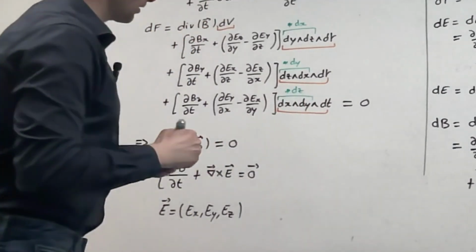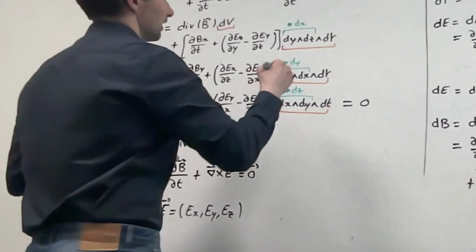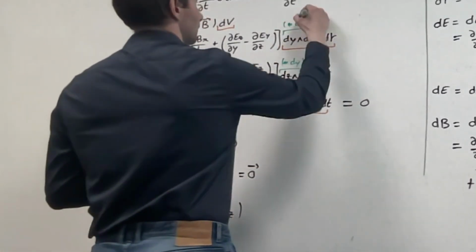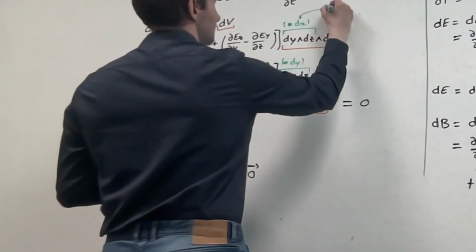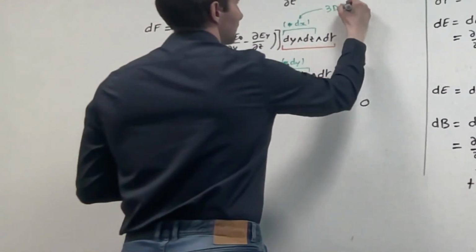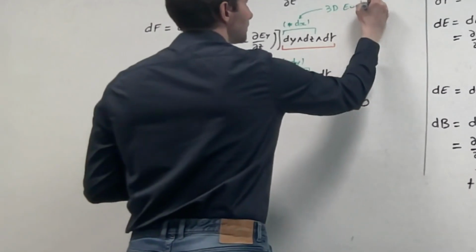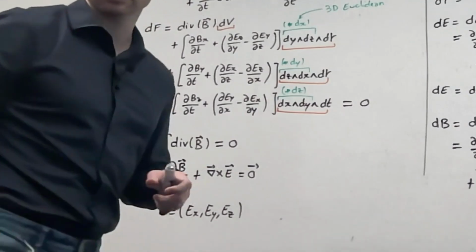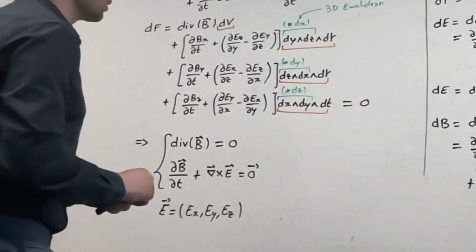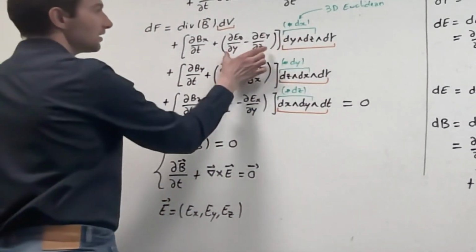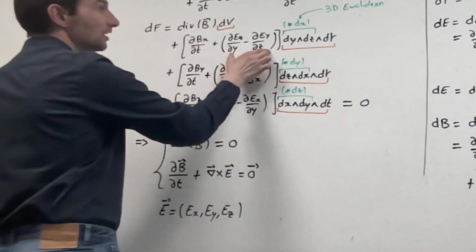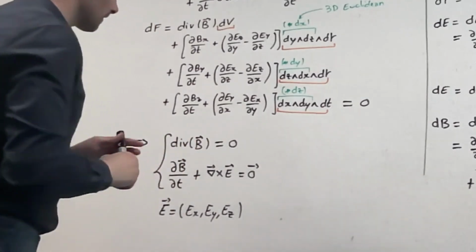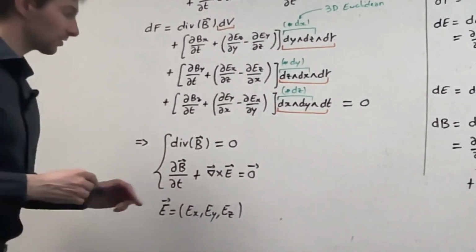And by the way, I need to specify what I mean: this is in 3D, and in the case of the Euclidean metric in 3D. So that's what I mean by the Hodge dual in this particular context. And so what you see is that this term here is essentially the x component of a cross product. So that's how you can recognize that this is a curl.